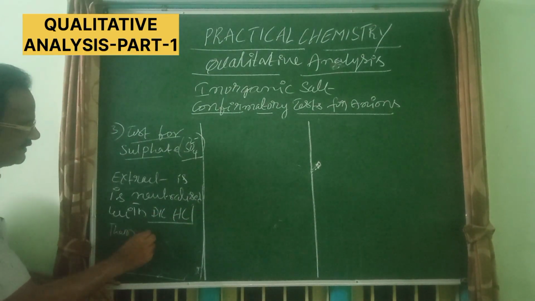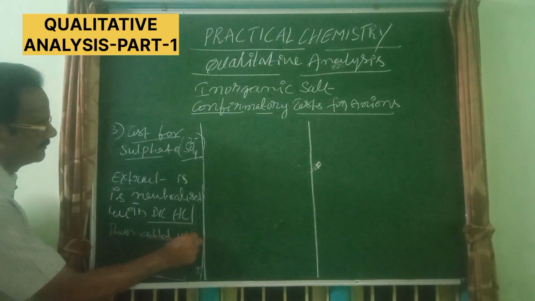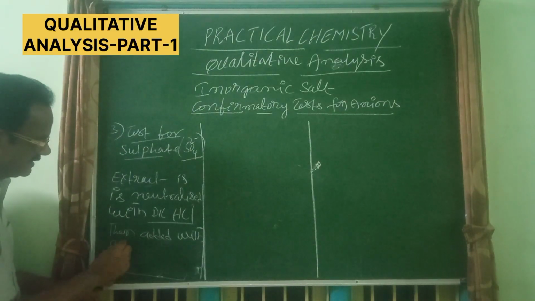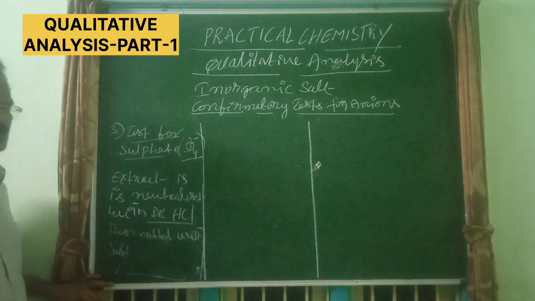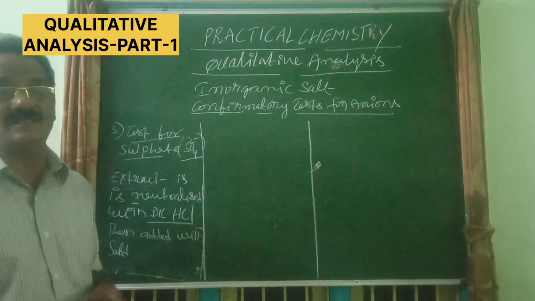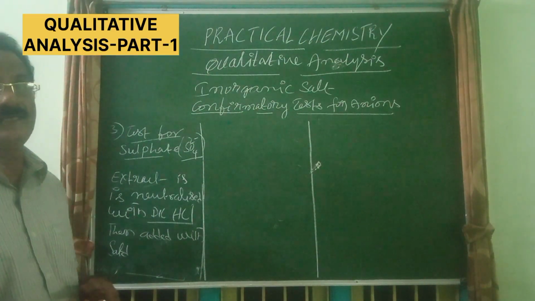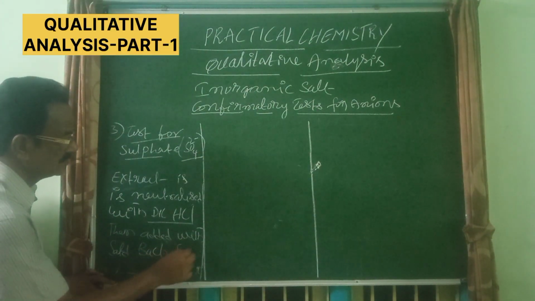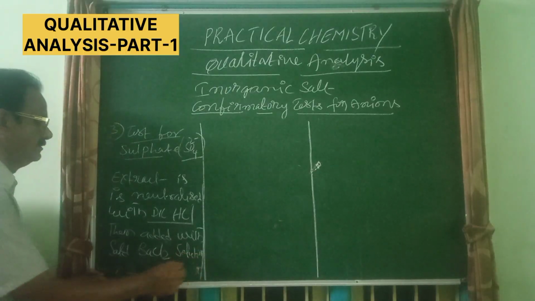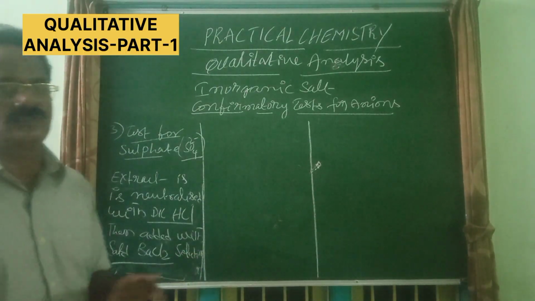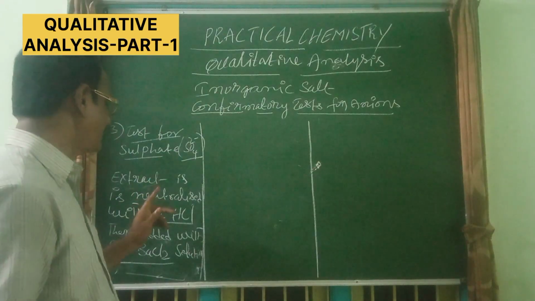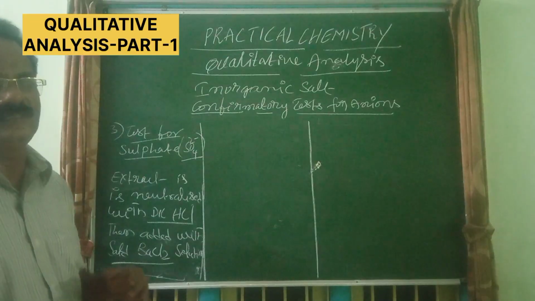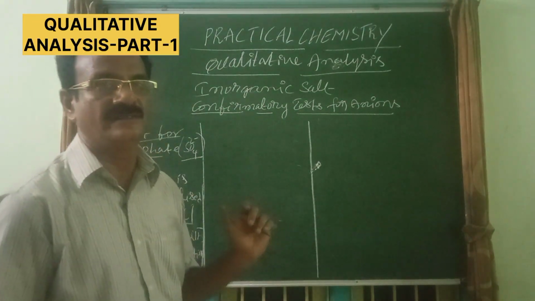then added with saturated BaCl2 solution. I told you about saturation in identification tests. The two reagents are enough here. The extract is neutralized with dilute HCl, then added with the saturated BaCl2 solution for confirmation of sulfate. Is it clear?